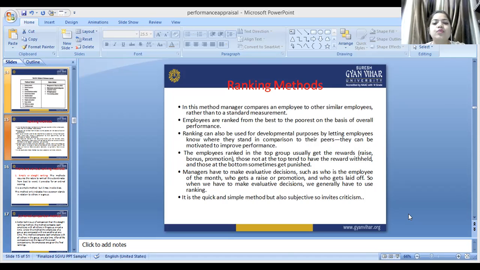Employees are ranked from best to poorest based on their overall performance in the organization.